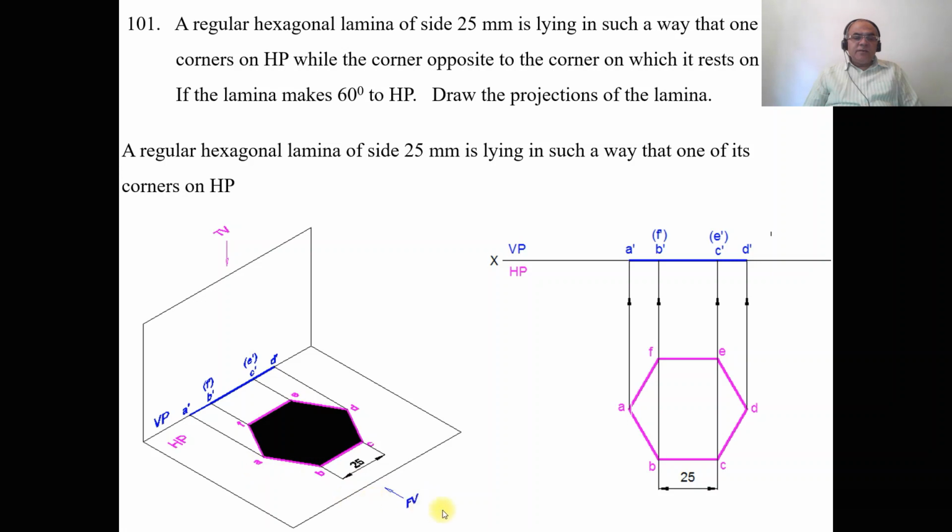As we see from the front view, ABC is near to the observer, so A dash, B dash, C dash is visible, and D, E and F are away from the observer, so obviously these will be in brackets. This is how, in the orthographic view also, the hexagon is in true shape when it is in the horizontal plane, and as it is perpendicular to VP, in the vertical plane you are getting a line.